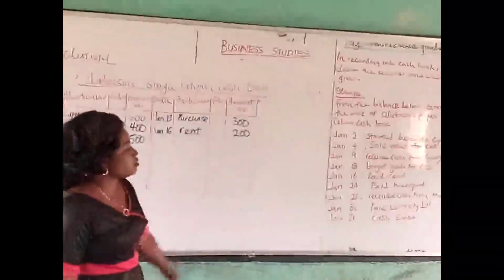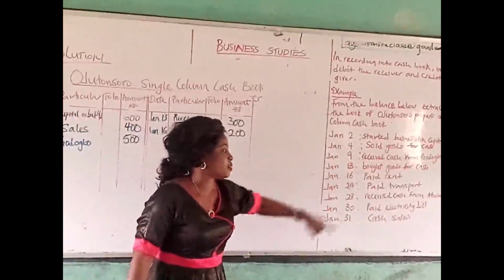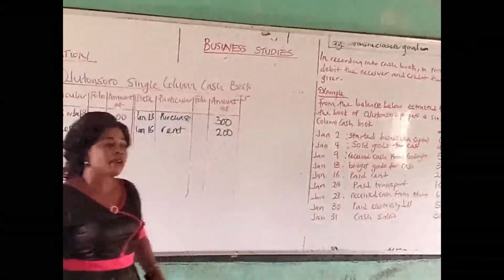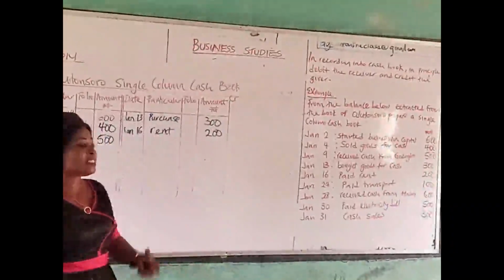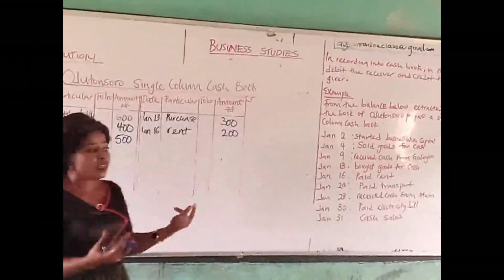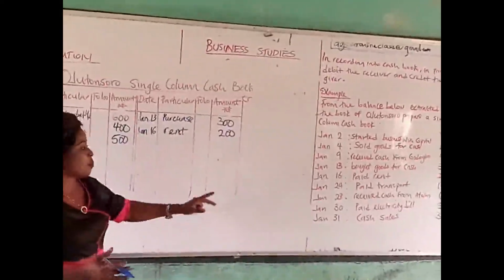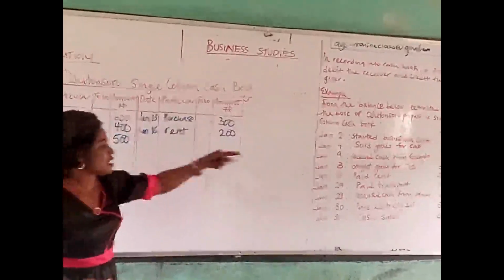Now to the next one. January 24. Paid transport, 100 naira. I believe this transaction is clear to you enough now. You can see that you pay the money out. You are not receiving that money. So you have nowhere you're supposed to post that except the credit side. Who can tell me? Paid transport.